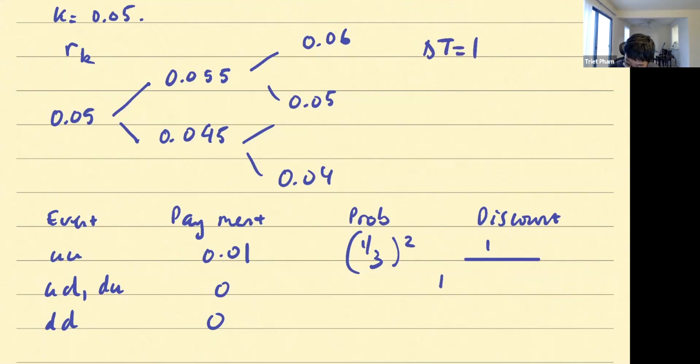It's going to be 1.05 times 1.055 times 1.06. That's the discount factor.